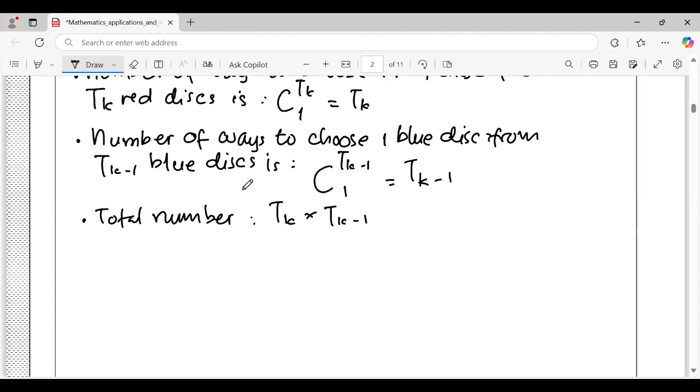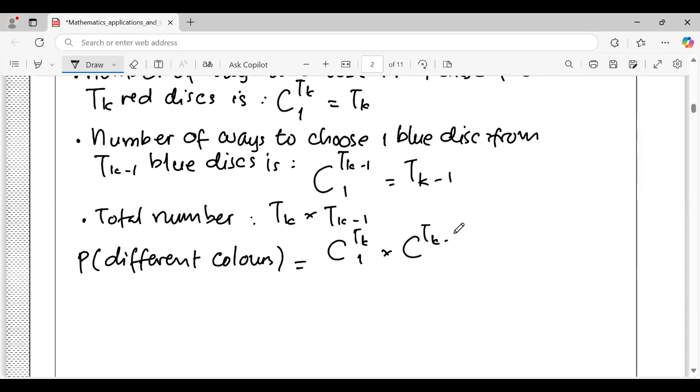It means the probability of different colors equals the combination Tk choose 1 multiplied by the combination Tk minus 1 choose 1, over the combination Tk plus Tk minus 1 choose 2.